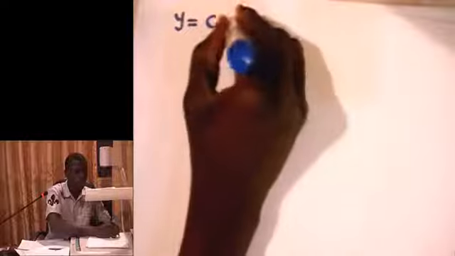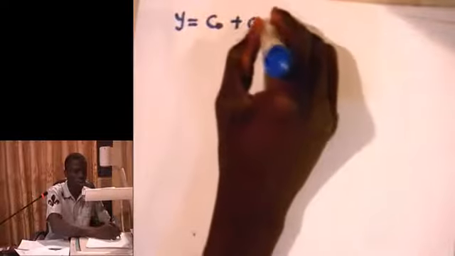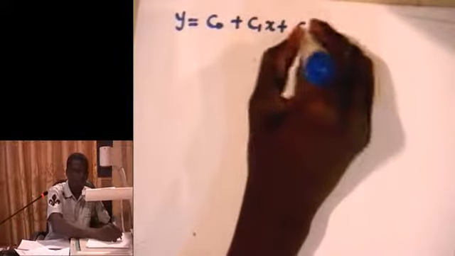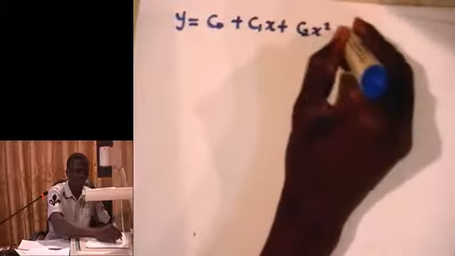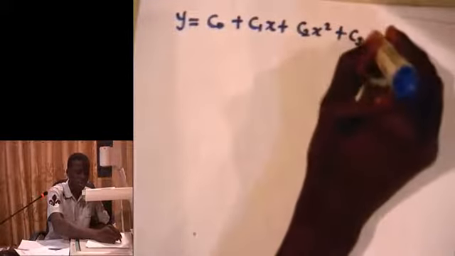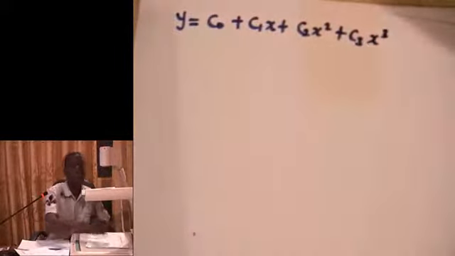Let's look at another example. Find the differential equation whose general solution is given by y equals c0 plus c1 x plus c2 x squared plus c3 x cubed.